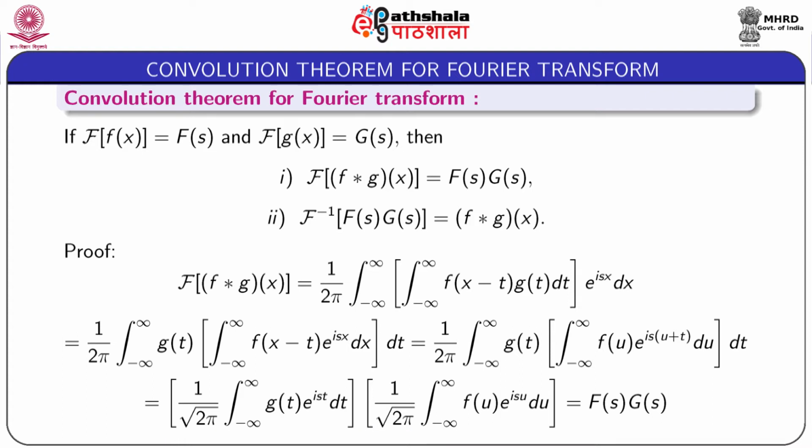So, the first integral is Fourier transform of small g(t) and the second integral is Fourier transform of small f(u). So, we can write Fourier transform of f star g as capital F(s) into capital G(s). So, the first part is proved. Similarly, we can prove the second part, that is Fourier inverse transform of capital F(s) into G(s) will give back the convolution of small f and g.